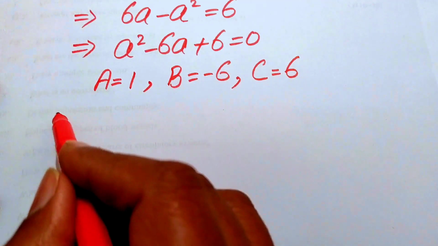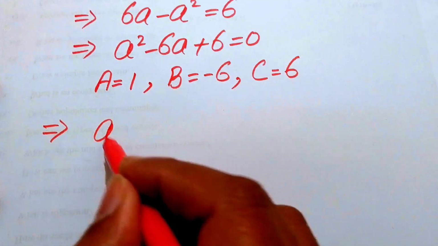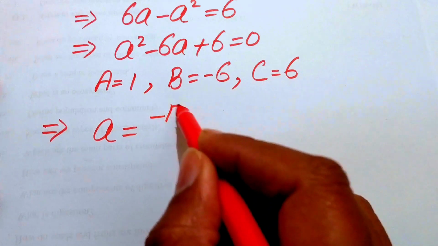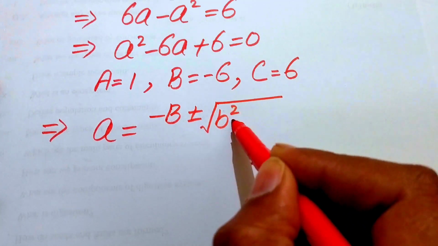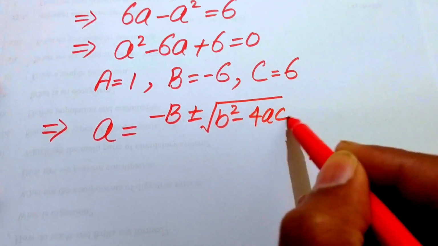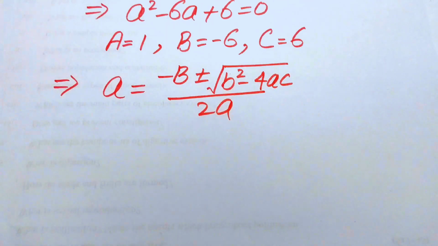We know that the quadratic formula is in the form of a equals minus b plus minus square root of b square minus 4ac divided by 2a.